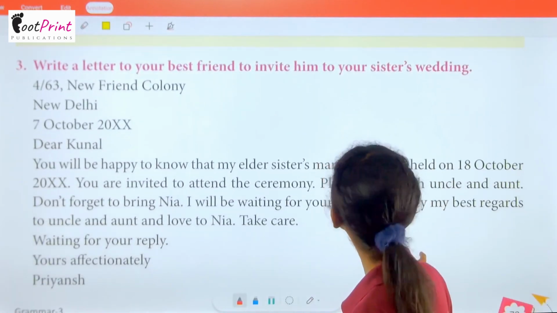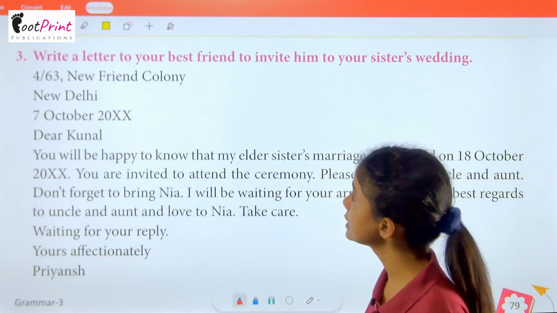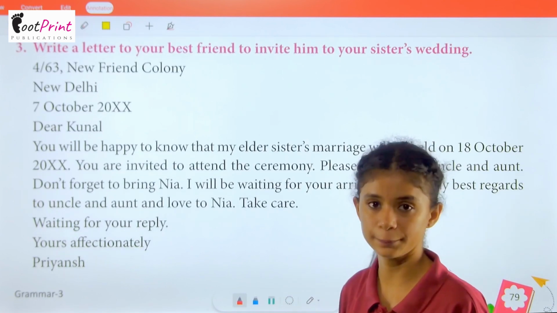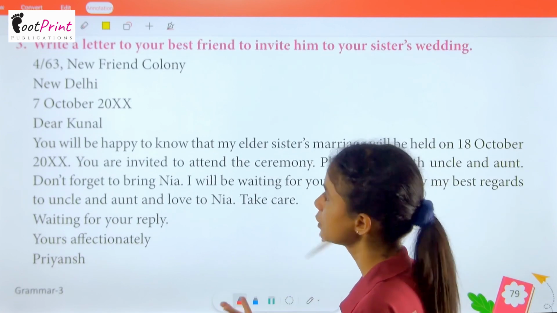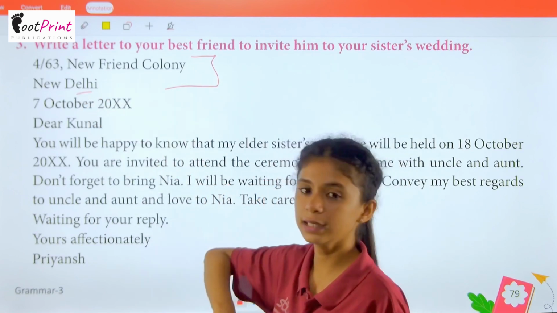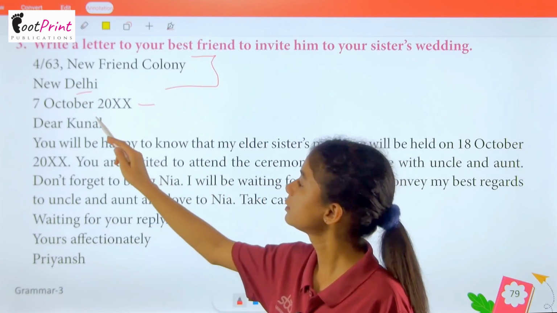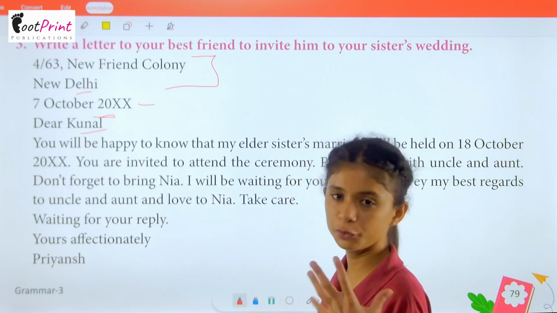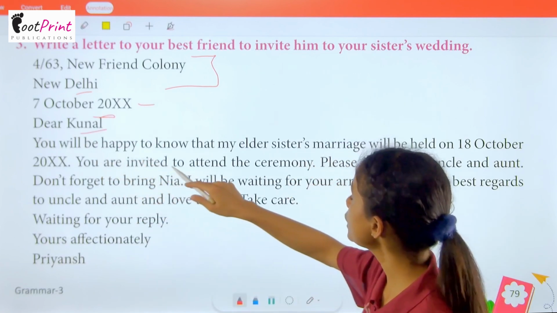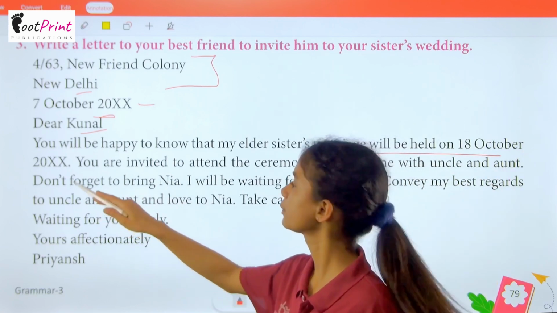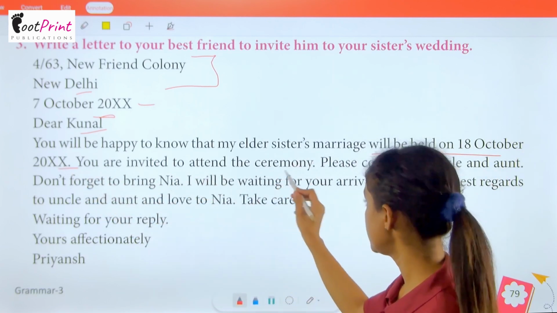Now, here we have an example of a letter to your best friend to invite him to your sister's wedding. So, let's see how we write it. First, the receiver's address, then we will leave a line, then the date, leave a line again and start here. Dear Kunal, or your friend's name, you will be happy to know that my elder sister's marriage will be held on the date. You are invited to attend the ceremony.